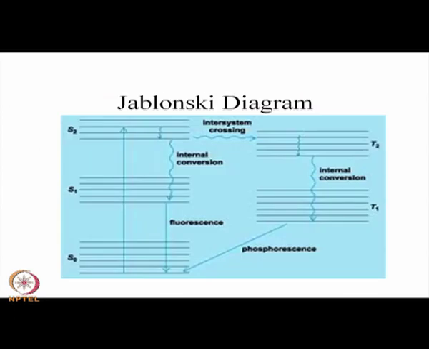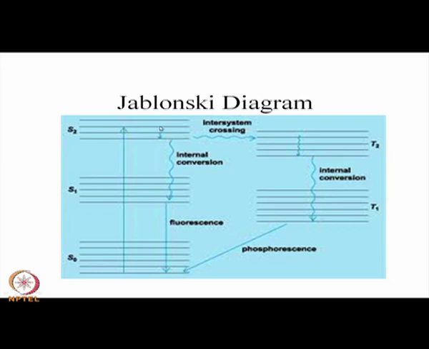So, together, whatever I talked about, if you just consider the photophysical processes, this is a composite diagram which is called the Jablonski diagram, where this is your starting state S0 and you are exciting the system. Maybe say this excitation occurs to S2.